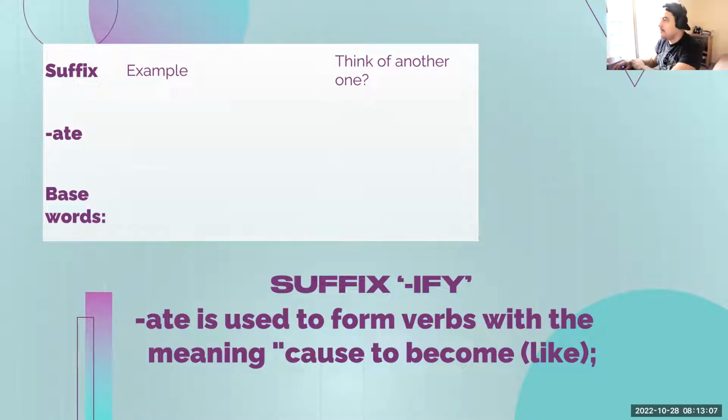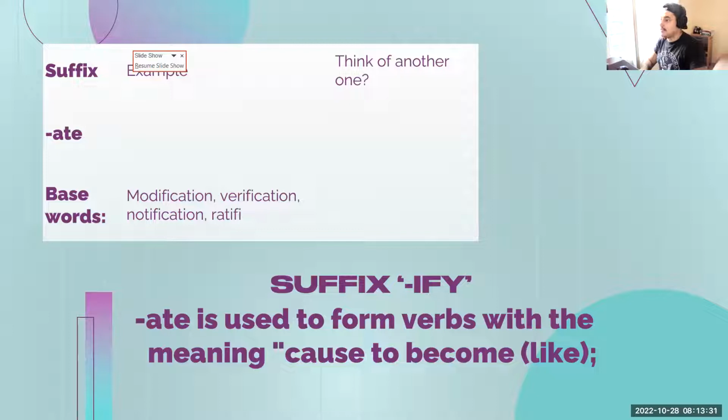For example, the noun modification, or the word verification, the word notification, ratification, or precisely the word pure, which can become the word purification too.